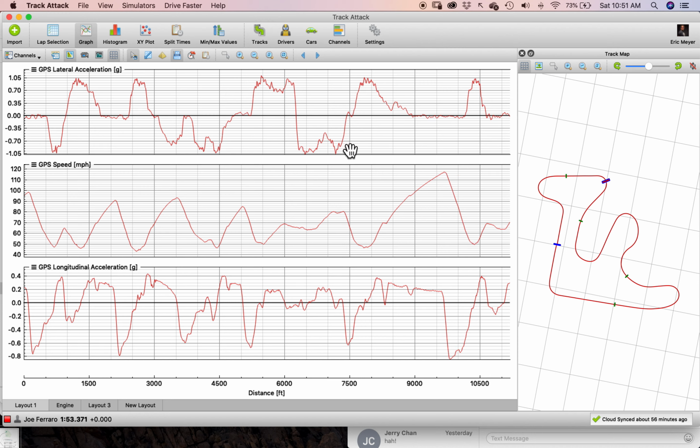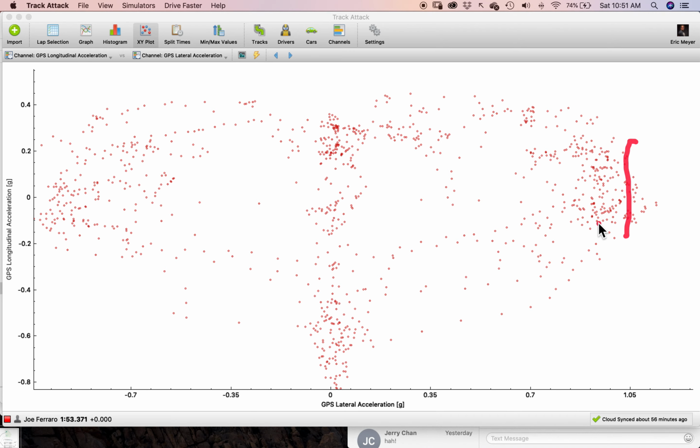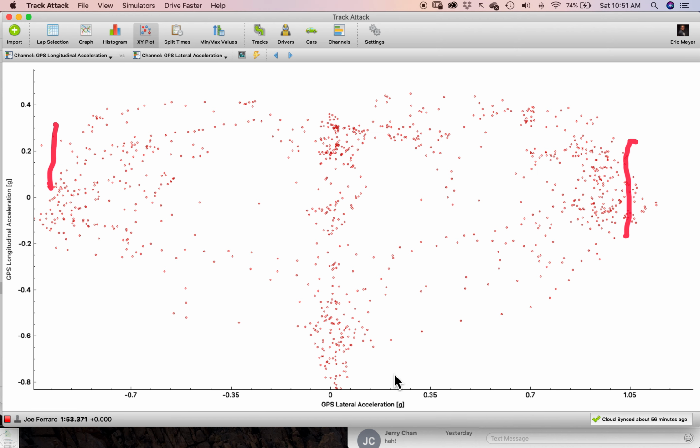I'm going to do the same thing over here, and we are going to see that in several cases we're pulling over a G, which makes me think that when we go right here, we're going to see a G on the lateral, right? Because that's what that is, 1.05, negative 1.05, and only 0.85 in braking.